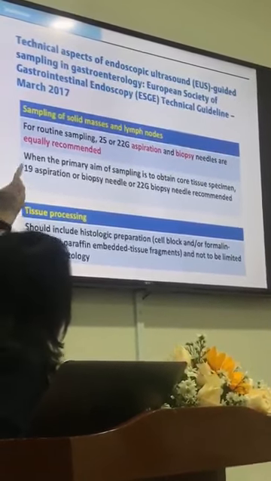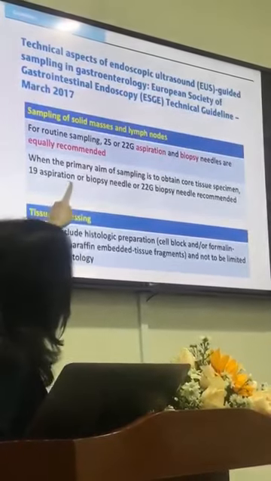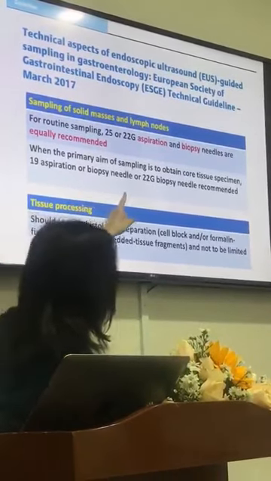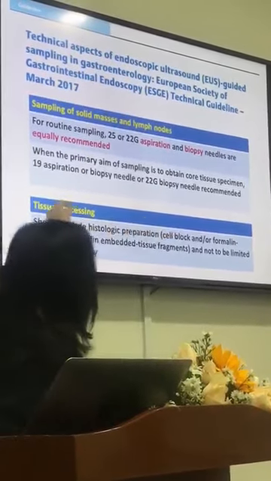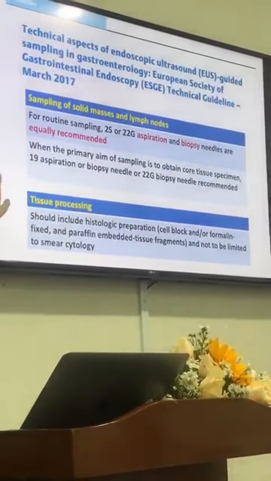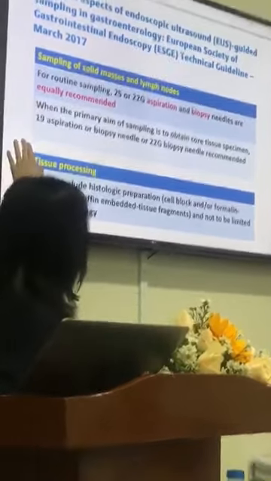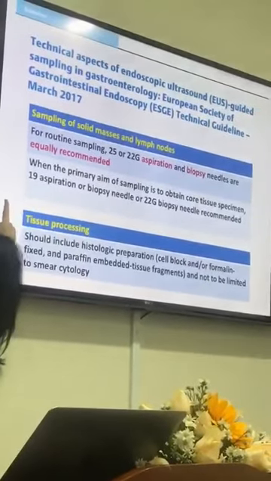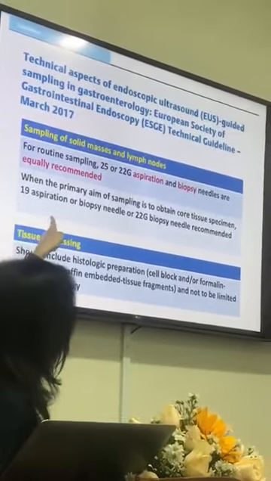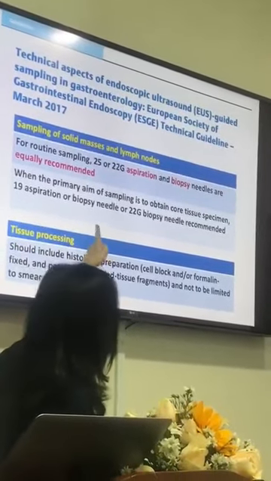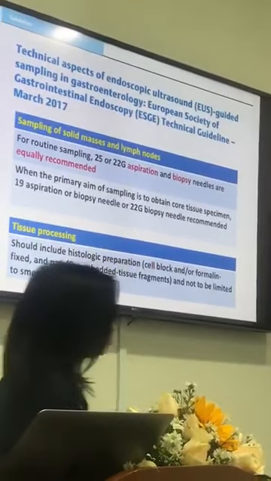Basically, in terms of needle selection, 25 or 22 gauge aspiration or biopsy needle are equally recommended at this time. Whenever the primary aim is to obtain core tissue, then you may consider using a 19 FNA needle or FNB needle or 22 FNB needle.